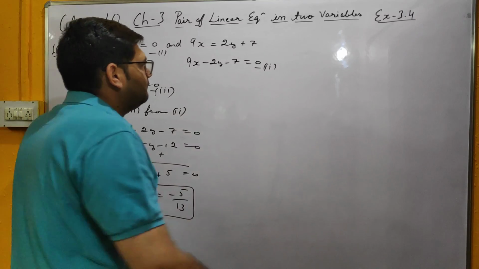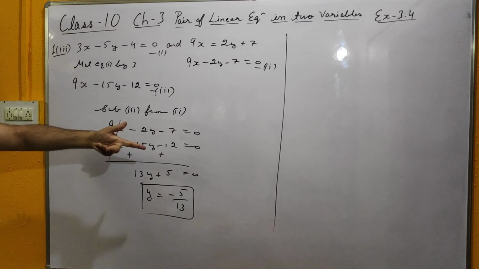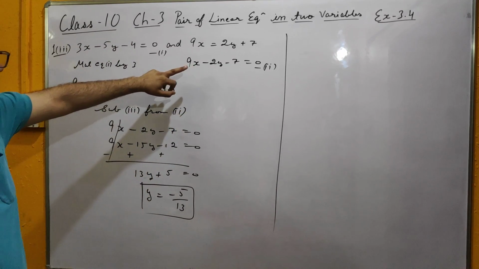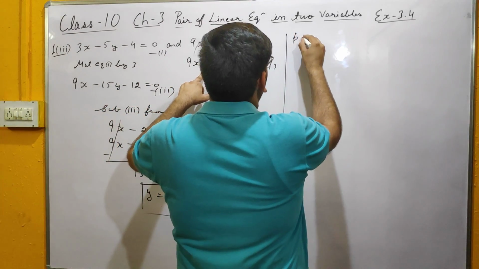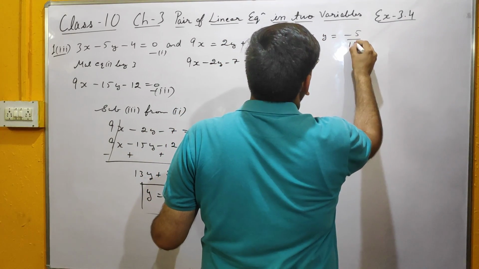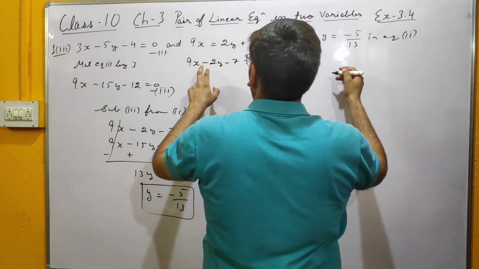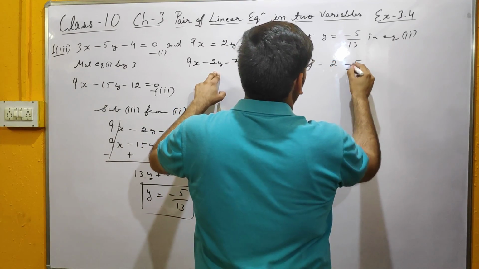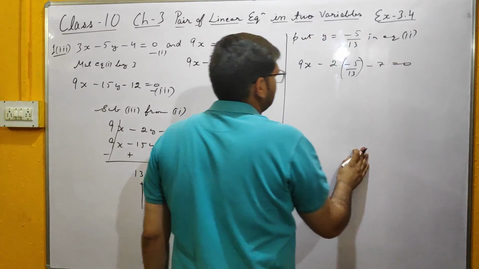Now let's put the value of y in any of the equations to get the value of x. Okay, we'll put it in this equation. Put y equals minus 5 by 13 in equation number 2. So 9x minus 2 times y, y is minus 5 by 13, minus 7 equals 0.